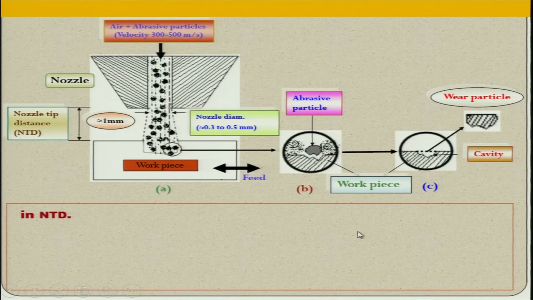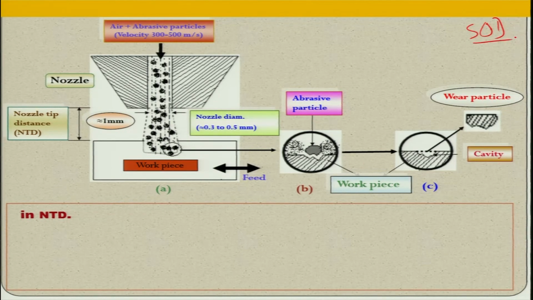Now, a good and important drawing here. You can see this is the distance between the bottom face of the nozzle and the surface being machined. Here, this is the surface being machined in the beginning. So, it is called nozzle tip distance, abbreviated as NTD, or standoff distance, written as SOD.